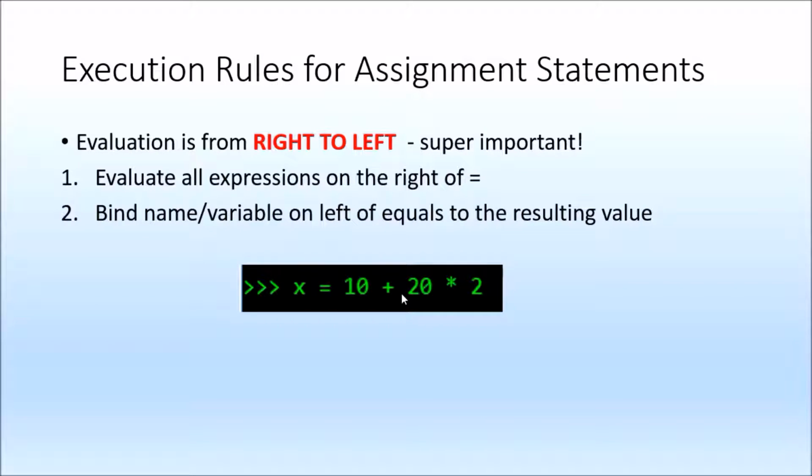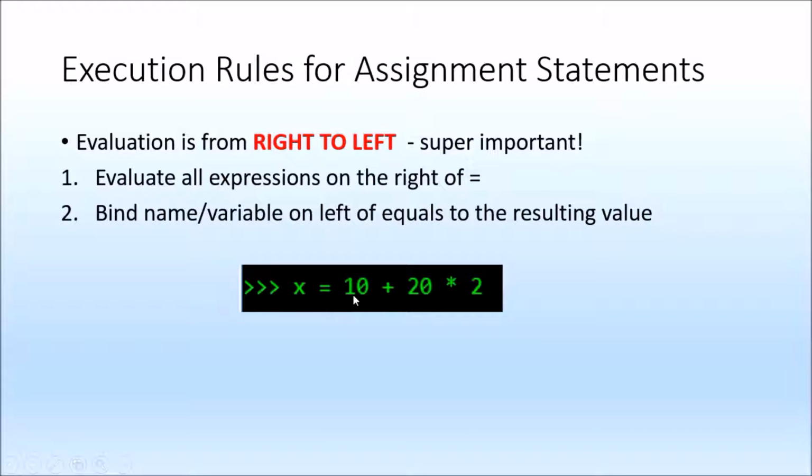And the last thing, which I briefly talked about during the demo, is that when you execute assignment statements, evaluation is from right to left. This is super important. In this example, let's say we have x. The first thing we do is evaluate all expressions on the right of the equals.